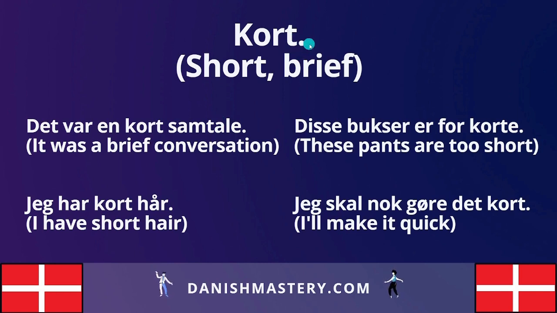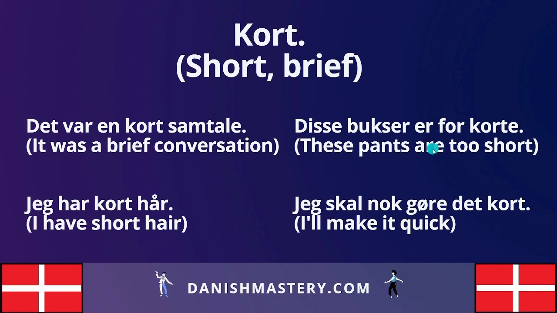Then it's kor, which means choir, like singing choir. So kort is always kort. You can also make it plural with korte, but can never take out the T. Kort samtale og kort hår. Jeg har kort hår. I have short hair.